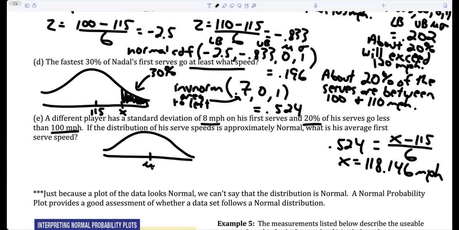They do tell me the information that they give me. The standard deviation here is going to be 8. And then they also tell me that 20% are less than 100. So I'm going to set this up with inverse norm.